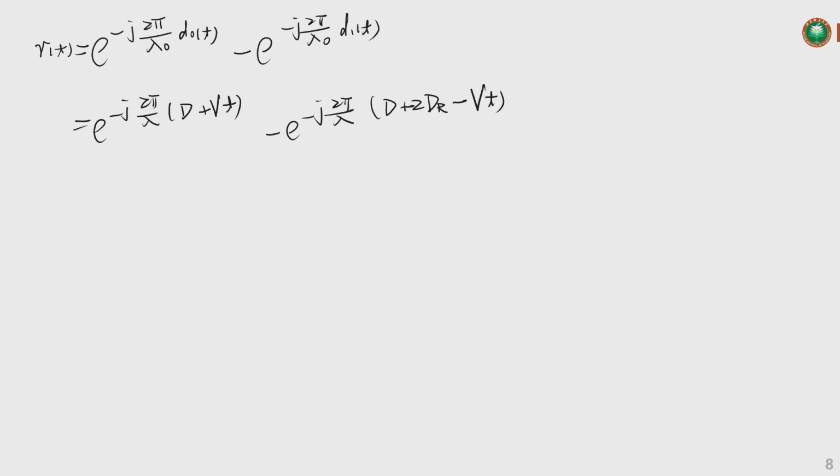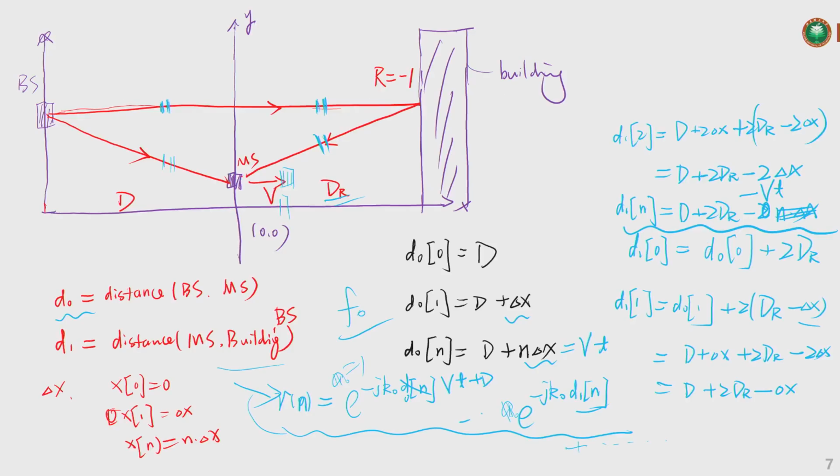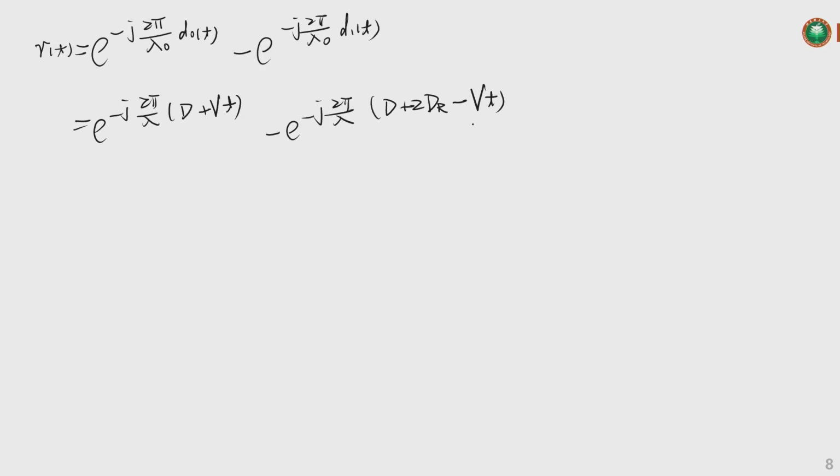So we assume initially the distance between this one equals the distance between this one, so dr equals capital D. Assume the mobile user stands in the center between the station and the building. So we can set this one as 2 dr, so dr equals D. Okay.